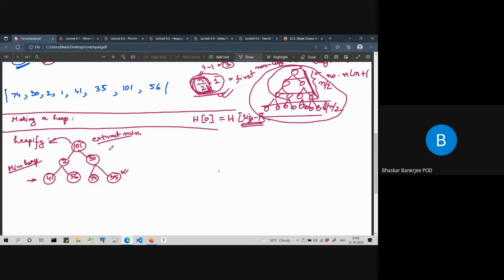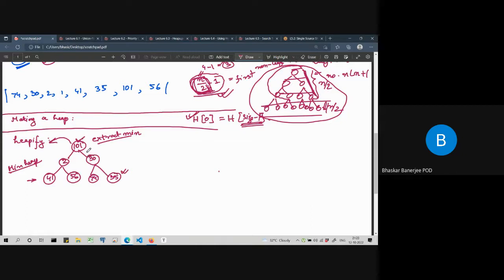Okay, so how can we do that? First step is you take the last node and put it in place of the root node. Next step is you compare the root node with the children nodes and see which child is the smallest.